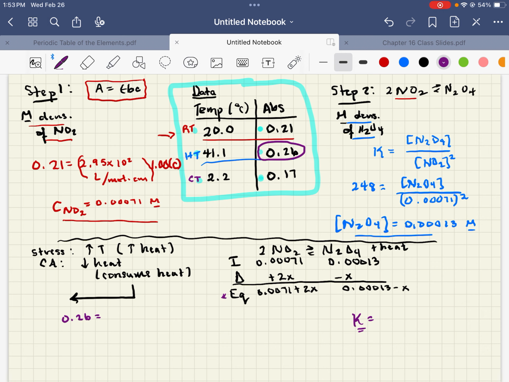So 0.26, that's my absorbance from my hot tube, equals 2.95 times 10 squared liters per mole centimeter times 1 times C. And this is going to give me the concentration of NO2 at equilibrium in the hot tube, or the hot temperature. And I ended up finding that the concentration of NO2 ends up being 0.00088 molar.